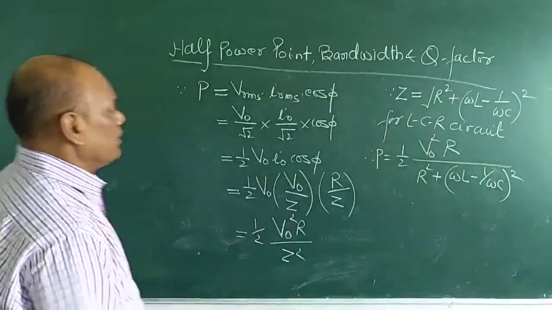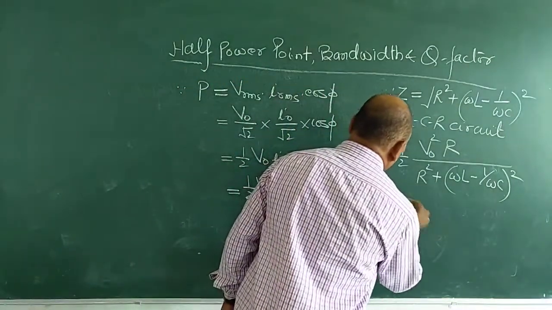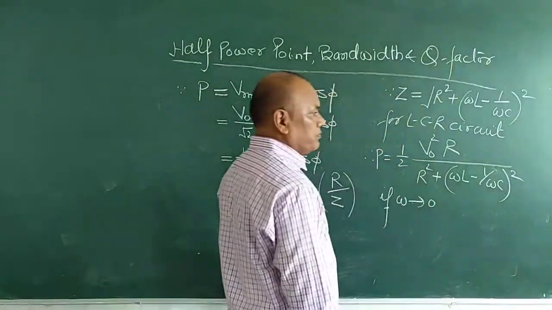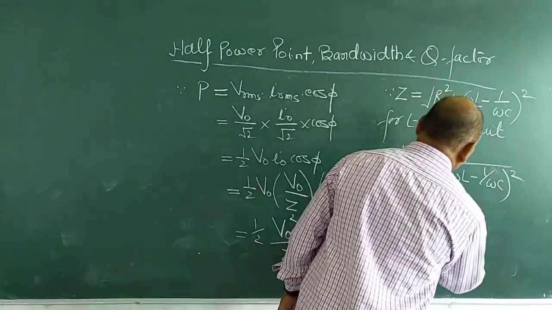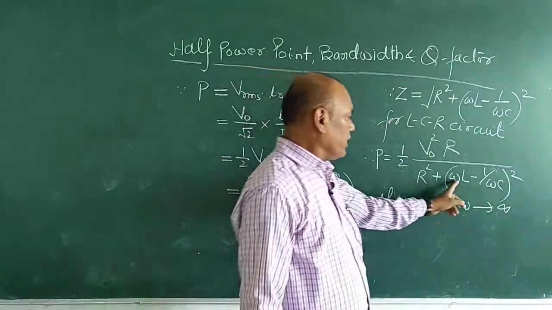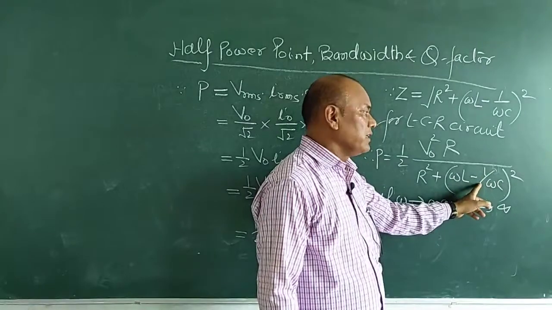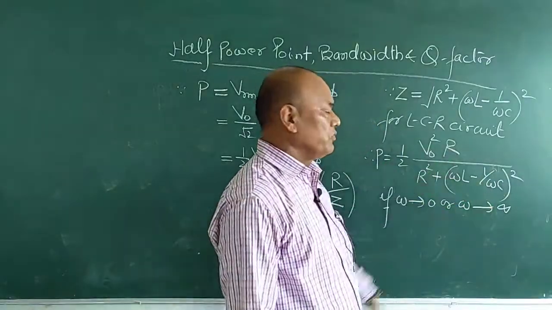Now here, if omega tends to 0 or omega tends to infinity: if omega tends to 0, this becomes 0 but the other term becomes infinity, so P becomes 0.